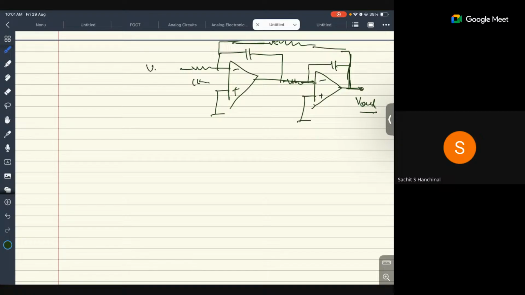This is V in. So we assume this is the VA point, this is the VB point, VC point, and VD point.